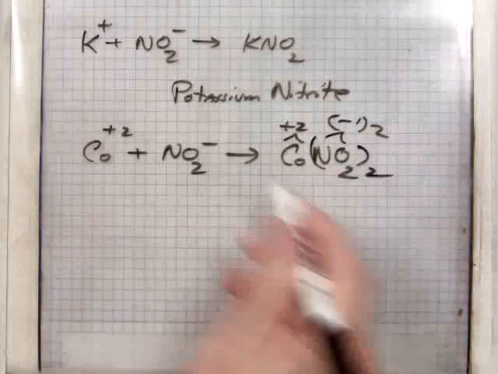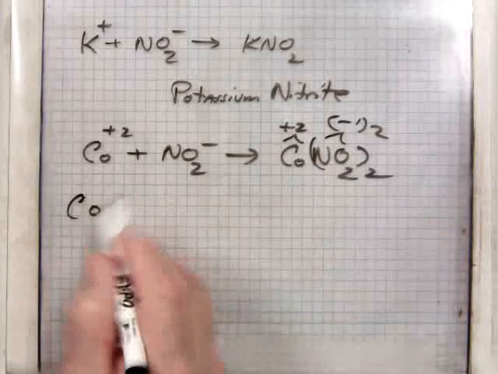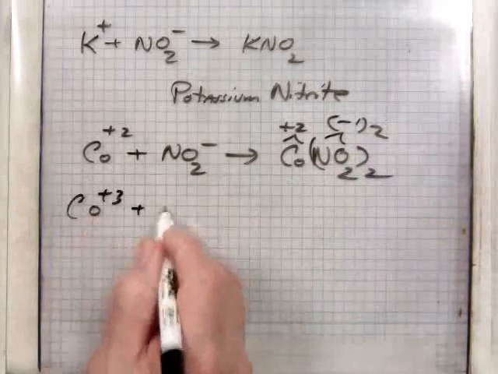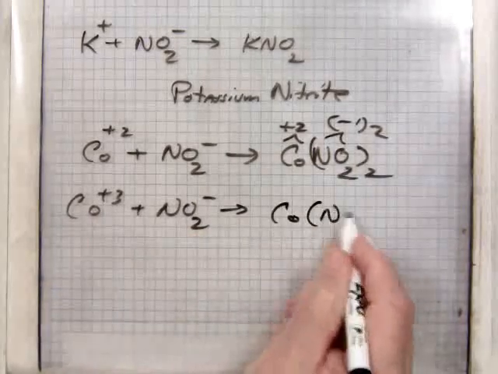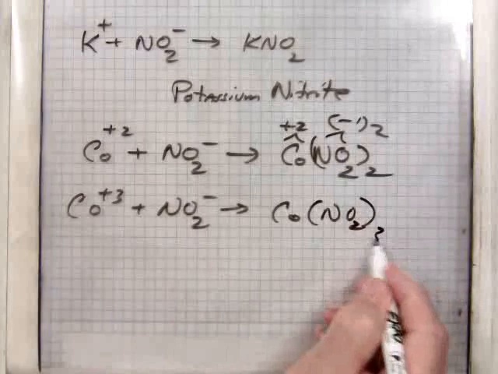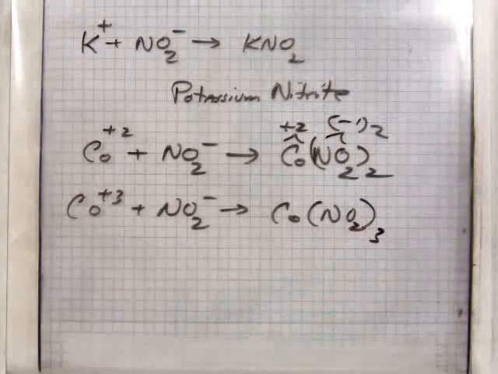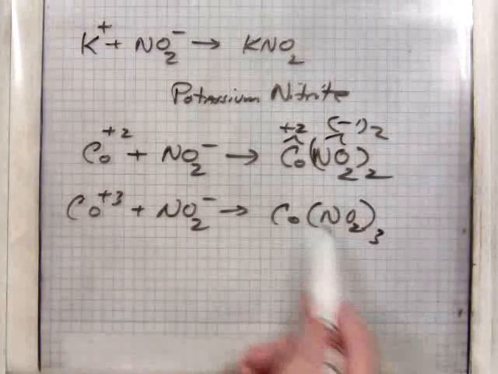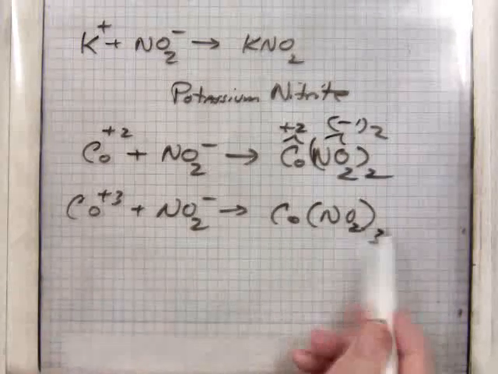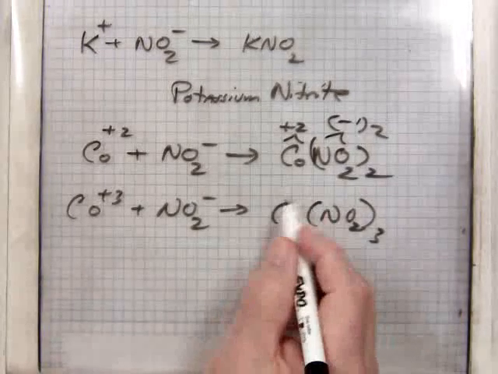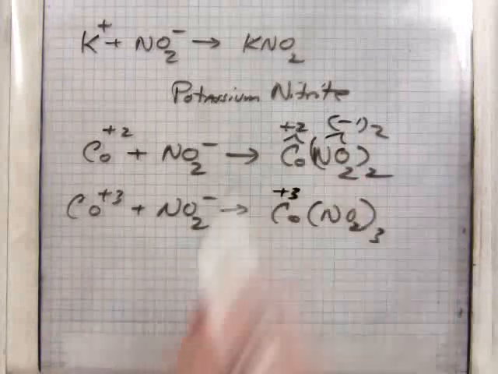Now, in naming this, since you have a cobalt +3 plus a nitrite, to give a cobalt NO2, and then you'd have 3 of them in that case. Well, in order to identify what the cobalt is, you have to put the oxidation state. The sum of charges equals 0. That has to be a +3, and that one has to be a +2.